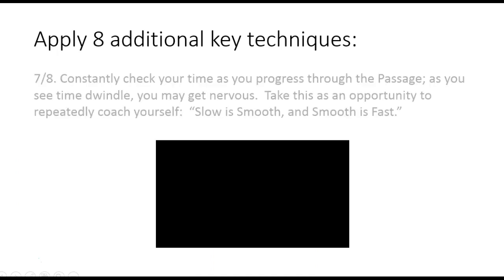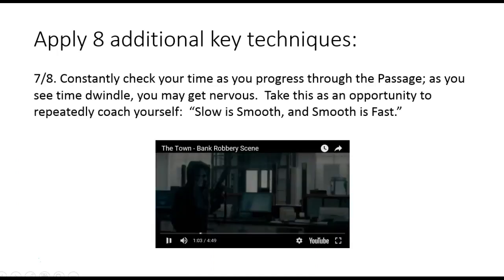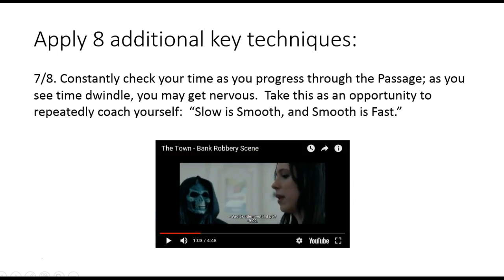It's a fascinating moment in this movie, The Town. It's a Ben Affleck movie from 2010. They're robbing a bank, and this woman at the bank has been asked to open the safe. You're going to notice there's two voices that show the two voices that we all have in our head.